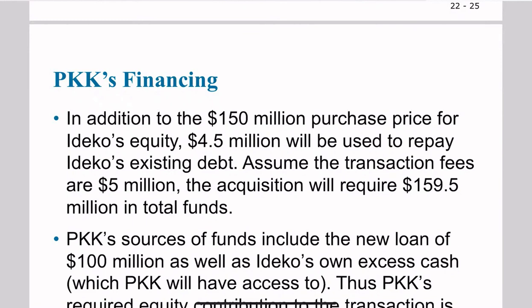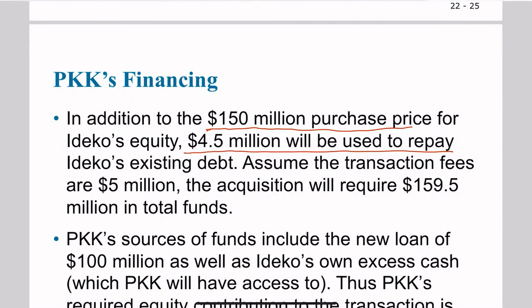So first, let's see what amount of money you need. Let's say you made an offer of $150 million to purchase Idaco's equity. And then you need $4.5 million to repay Idaco's existing debt.